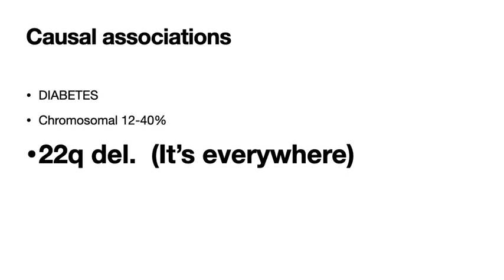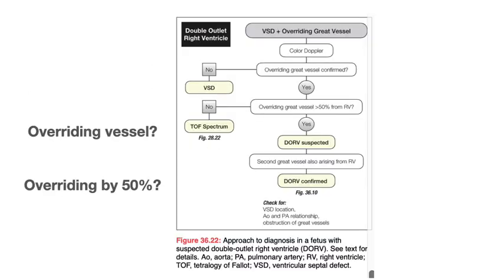All right, big surprise, diabetes and 22q, as well as chromosomal. That triad seems to appear in just about everything. So the summary at the end is basically overriding great vessel and a ventricular septal defect.